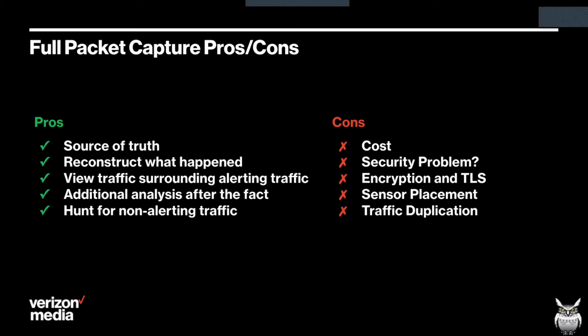Definitely TLS and encryption taking over the world has made it not as useful as it used to be, but it's still useful to see all those TLS connections that are going out. You can see all the certs that are using the SNI. TLS 1.3 is going to definitely make this harder, especially with encrypted SNI, but there's still things you can do, such as JA3 fingerprinting and server fingerprinting.